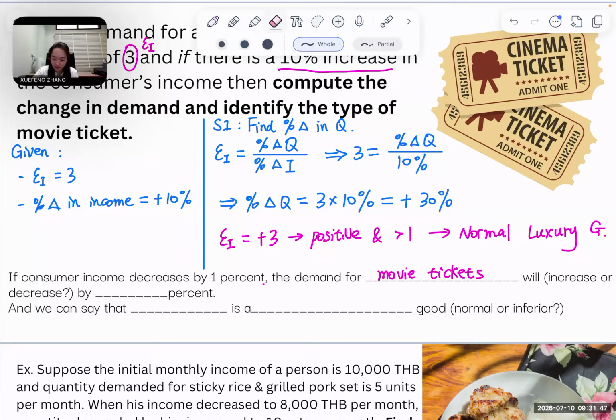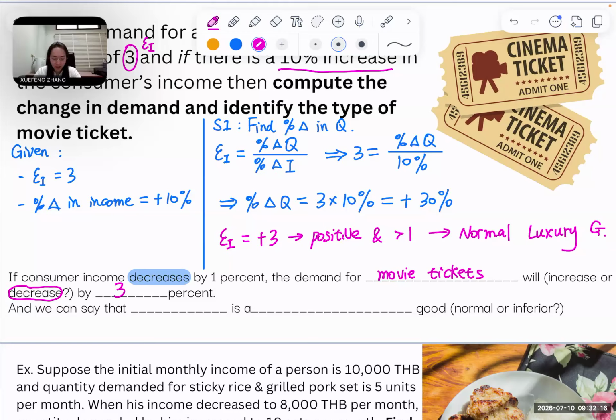What do you think? Be careful here. If the consumer's income decreases by 1%, the demand for movie tickets will decrease. Be careful. By 3%.